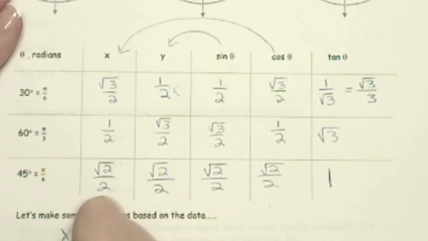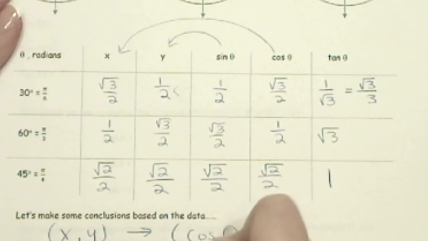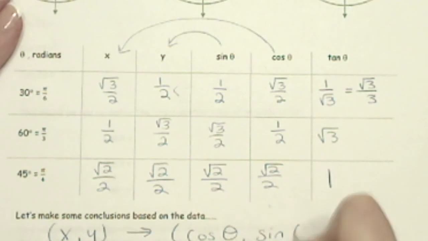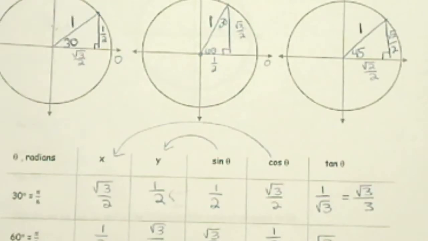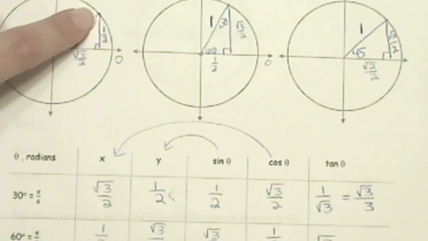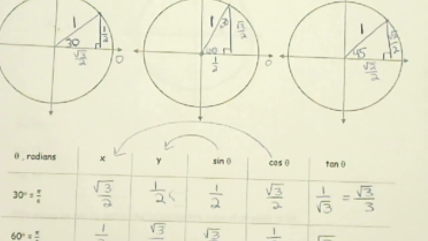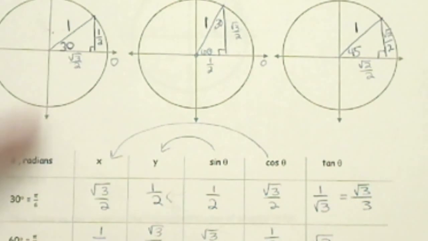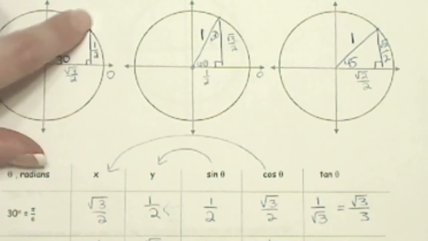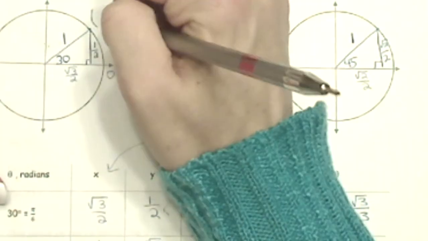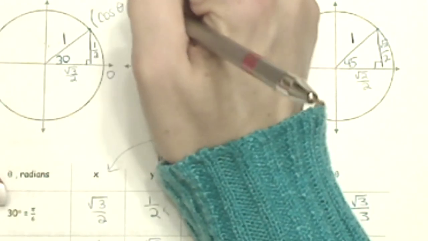So an xy point becomes cosine theta, sine theta if we look at the terminal point on the circle for the angle which we're finding the reference angle of. So for 30 degrees, the coordinates of square root of 3 over 2 and 1/2 are actually the values of cosine theta and sine theta.